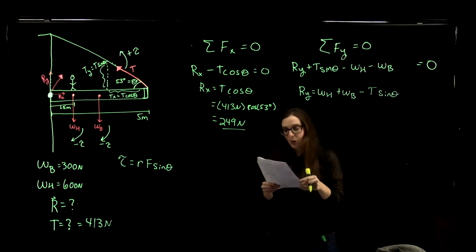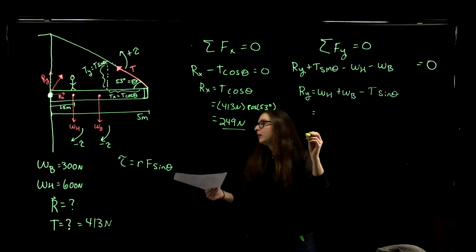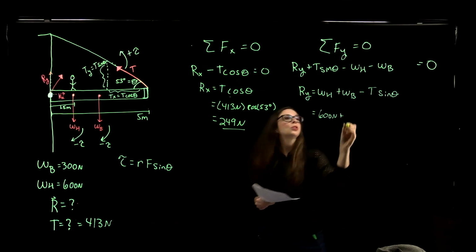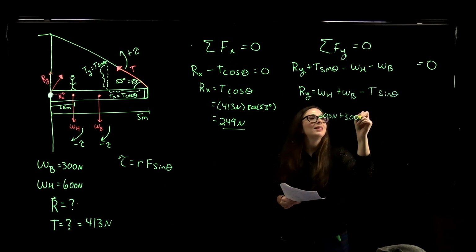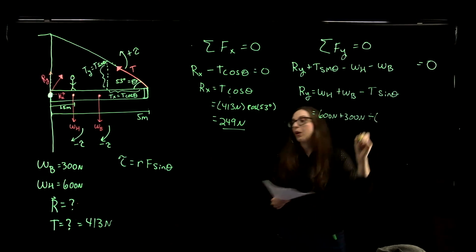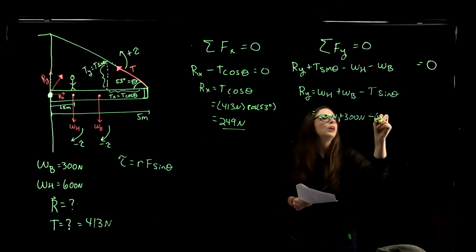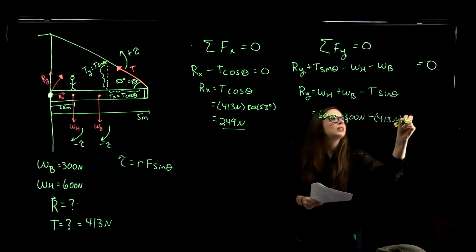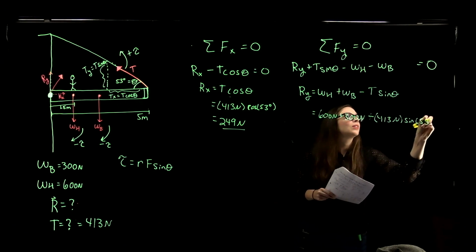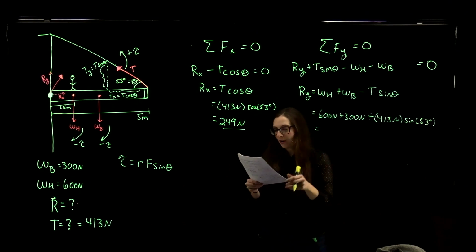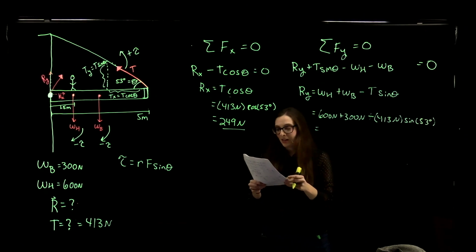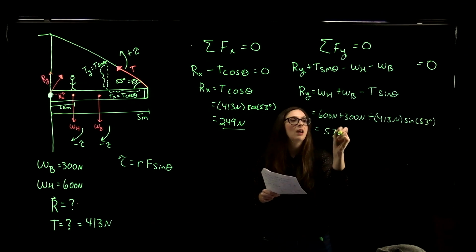Okay, so the weight of the human was 600 newtons. The weight of the beam was 300 newtons. And we've got to say minus our tension force was 413 newtons, sine of my angle here, 53 degrees. Okay, so then the y component of this force that the wall exerts on the beam is equal to 570 newtons.